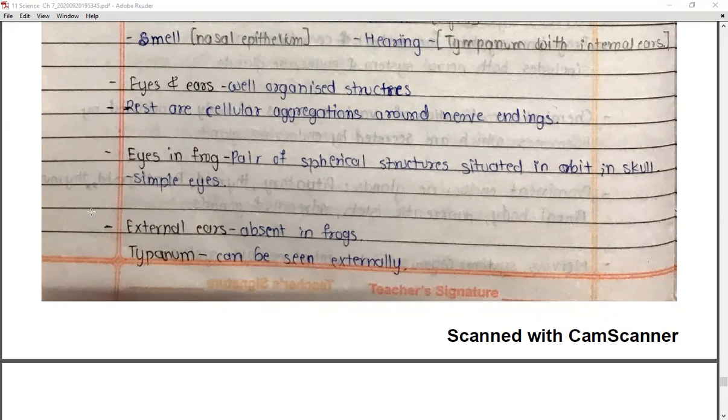These two eyes are not fused with each other, so two different eyes are present in two different orbits. And the eyes in the frog are simple eyes. While we saw that the eyes of the cockroach were compound eyes, the frog possesses simple eyes.